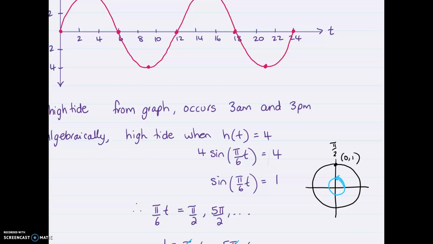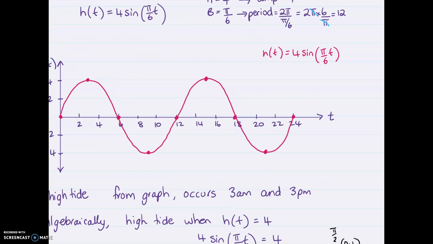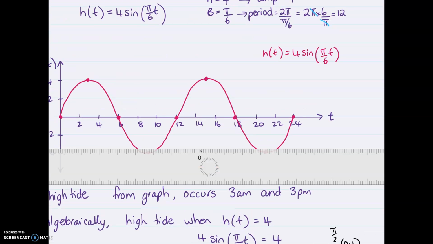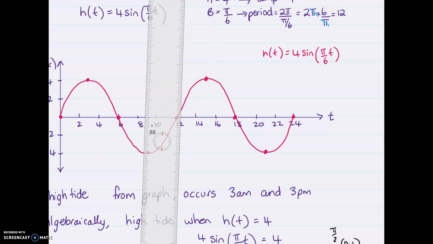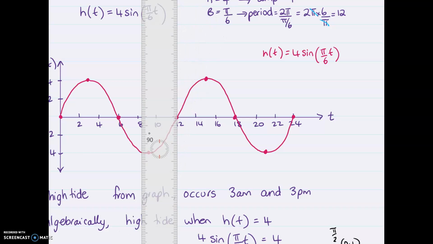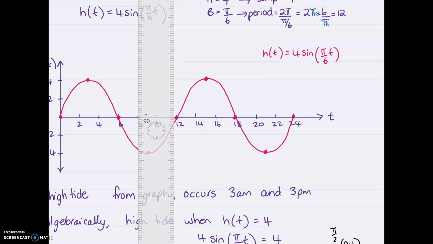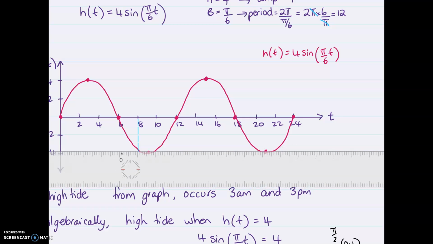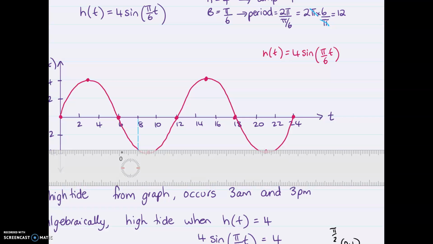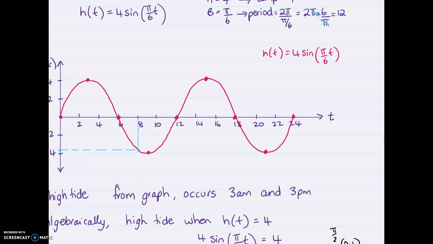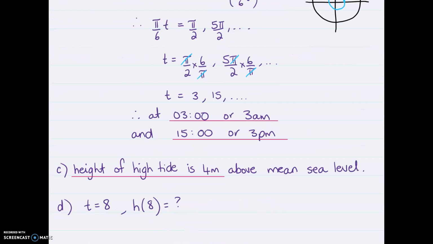Come up here to 8 a.m., and it's below the mean sea level. So you could read this point off and then across. Okay, so you could read off this value here to see what the height is, but it should be a negative value because it's below that mean.